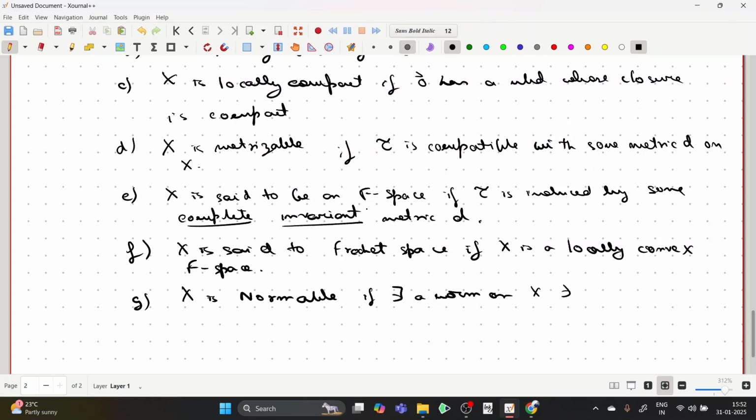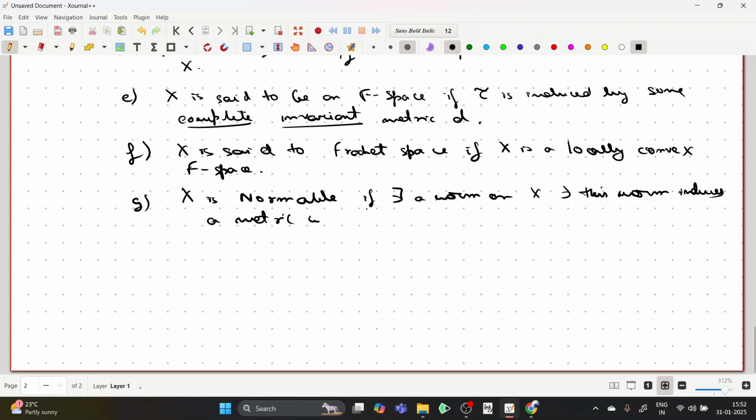So this norm should be compatible with a metric, and the metric must be compatible with the topology. So X is normable if there exists a norm on X such that this norm induces a metric which is compatible with tau.